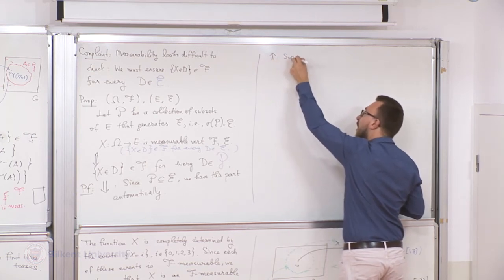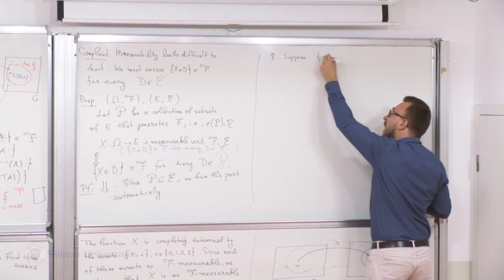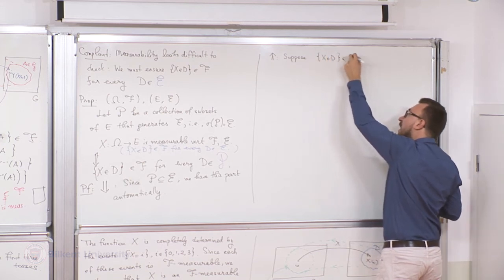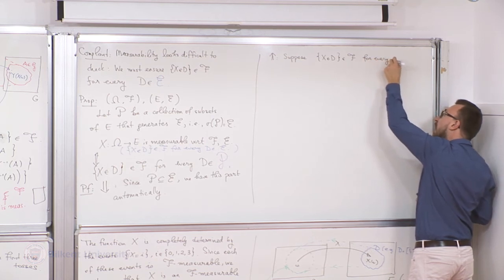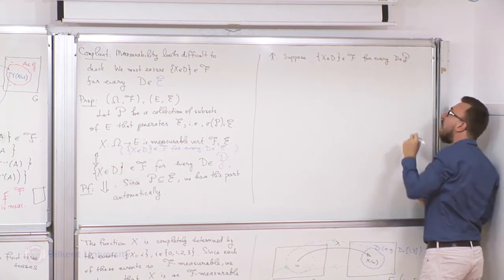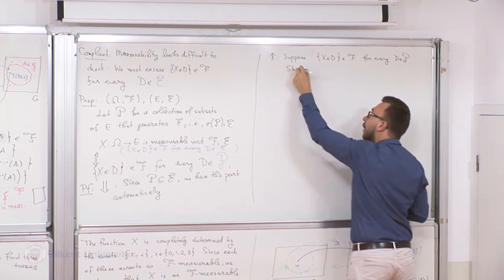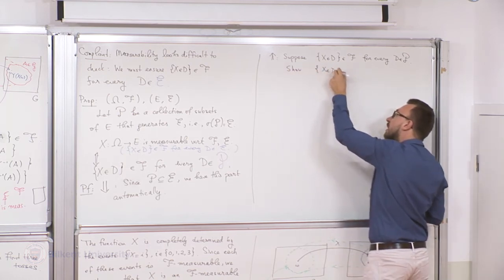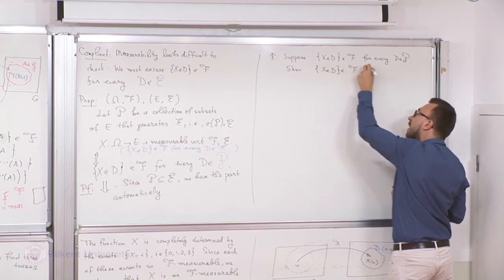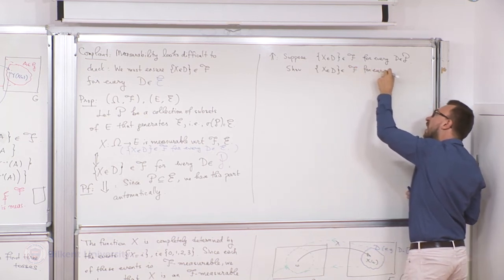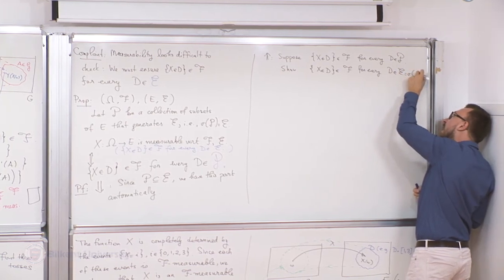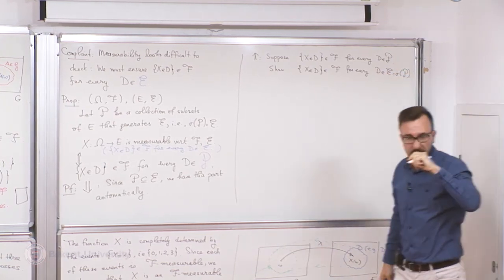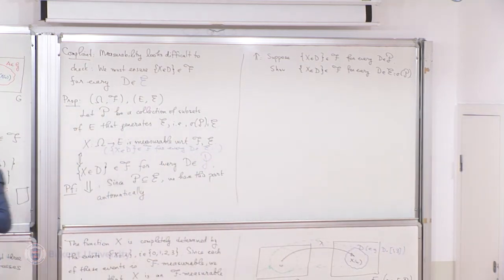Suppose {X is in D} is an event in F for every D in P. Show {X is in D} is in F for every D in E, which is sigma of P. So how would you proceed?